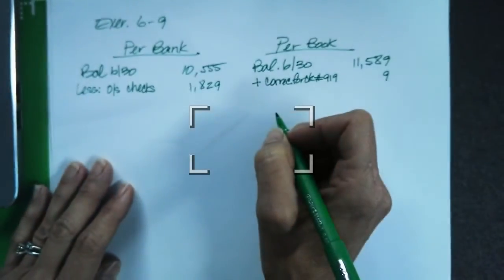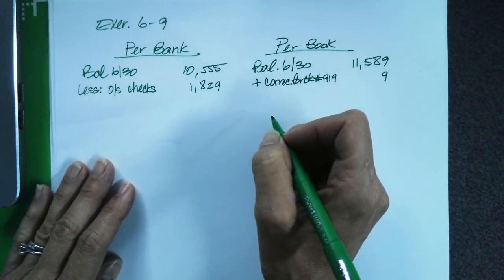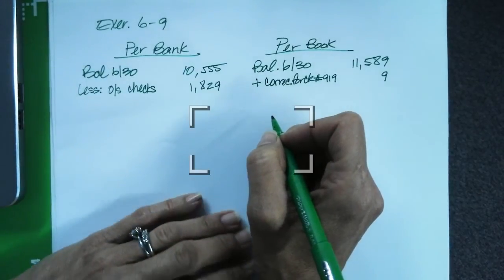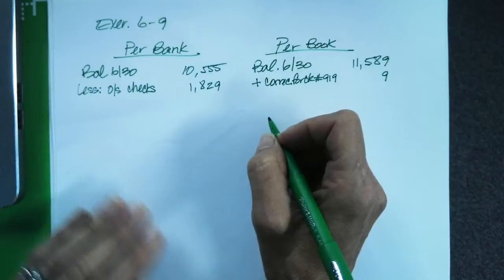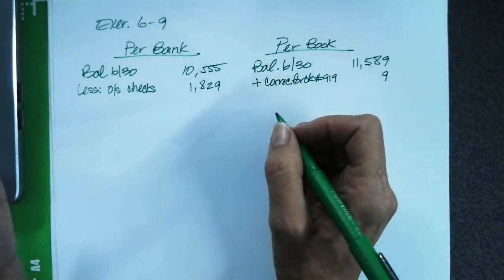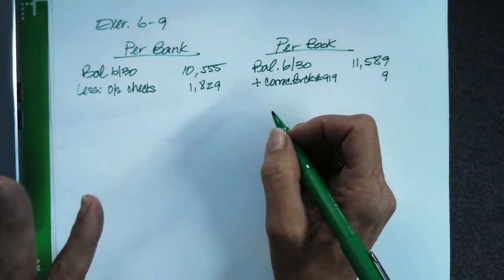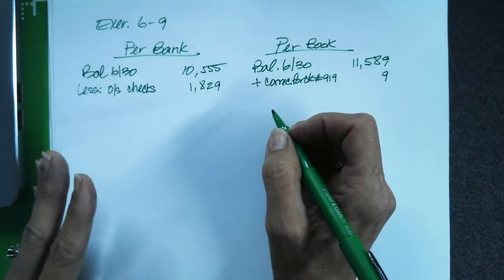Then it says that the June 30 cash receipts of $28.56 were placed in the bank's night depository after banking hours and were not recorded. So that means that Joe did the deposit on the last day of June and went to the bank, but the bank had already quit posting for that day.